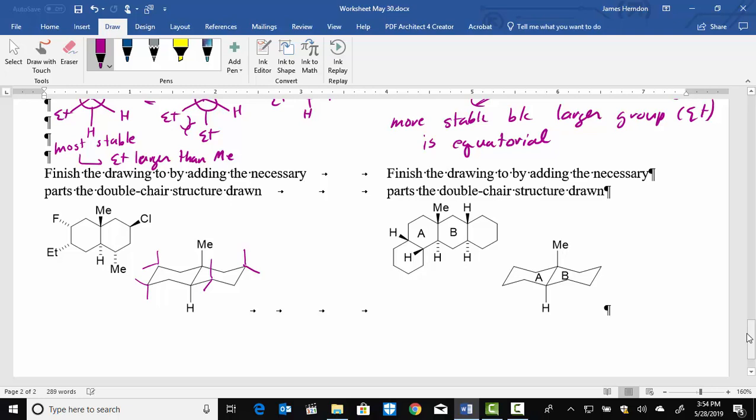Okay, so right at this carbon here, a chlorine goes here. So chlorine needs to be up. Axial is definitely up, so this is what we have here. Methyl at this carbon needs to be down. So you can tell that axial is up, so we'll put a hydrogen up and the methyl down right there.